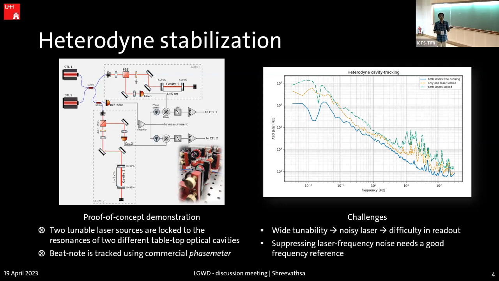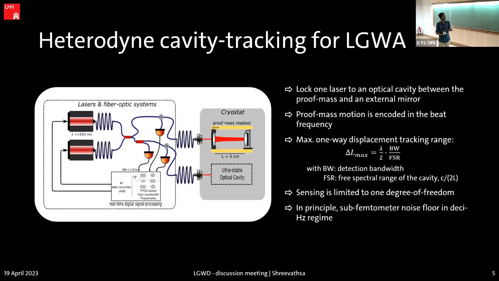Now, coming to the payload, the LGWA payload, how we can use this scheme for actual displacement readout. We have two lasers as it is, we create a beat note, and we pass one of the lasers into a cavity which is made up of the proof mass and a fixed mirror.